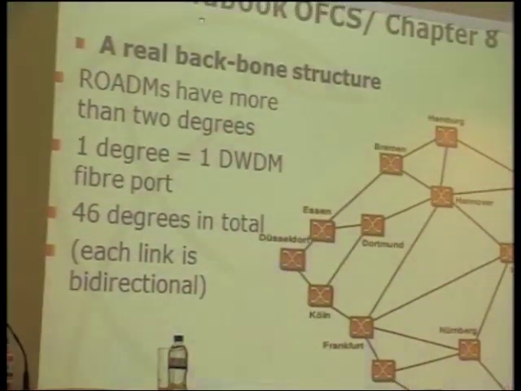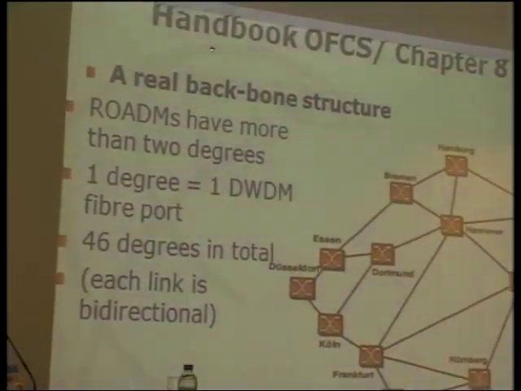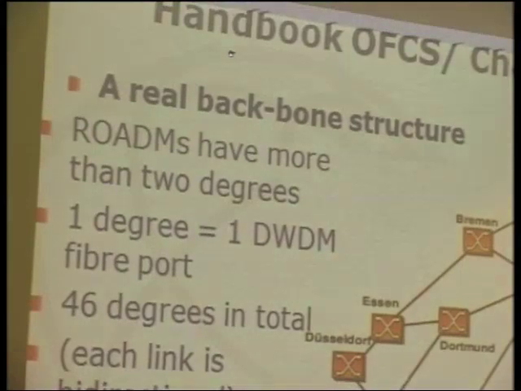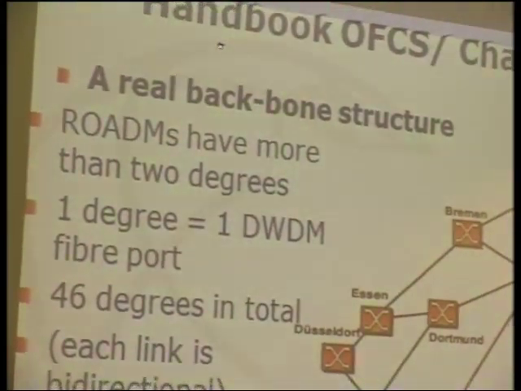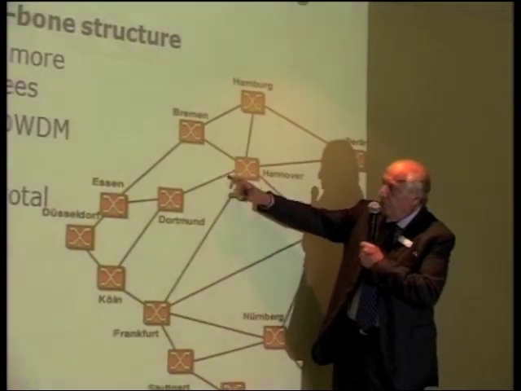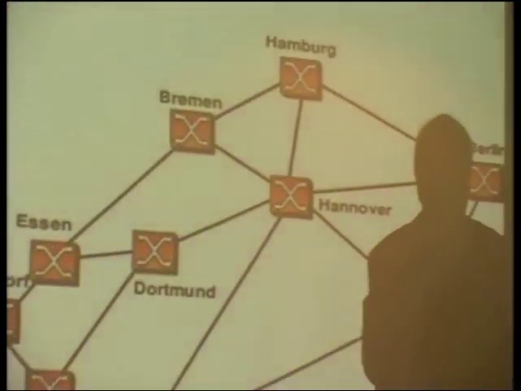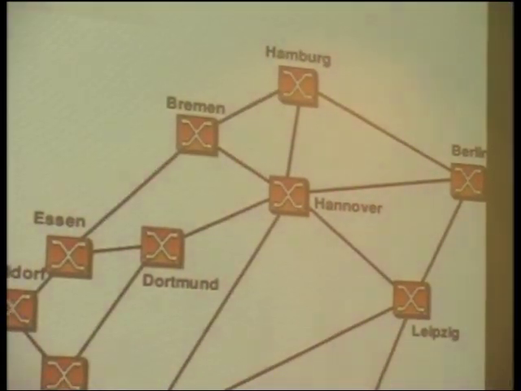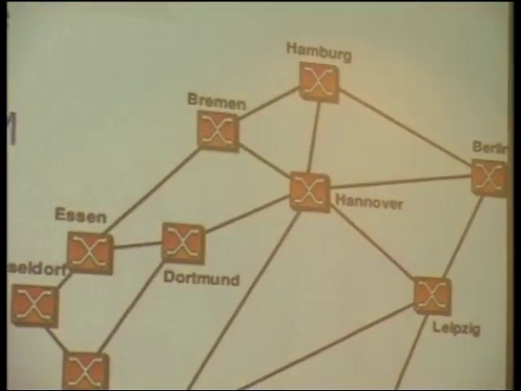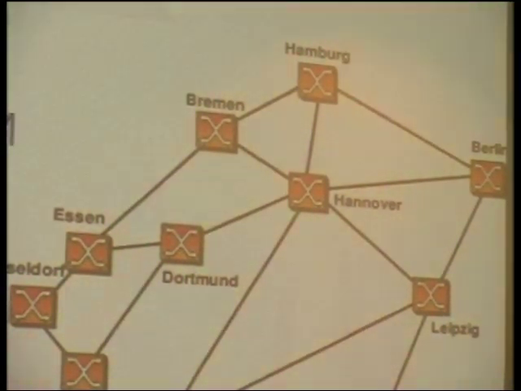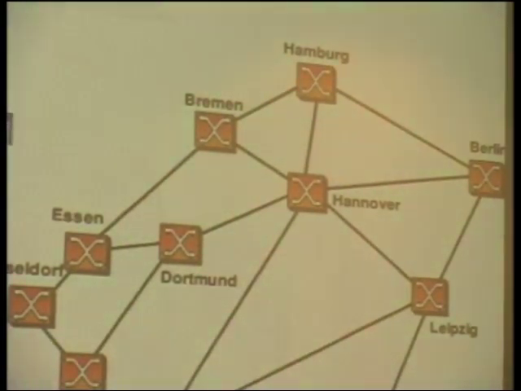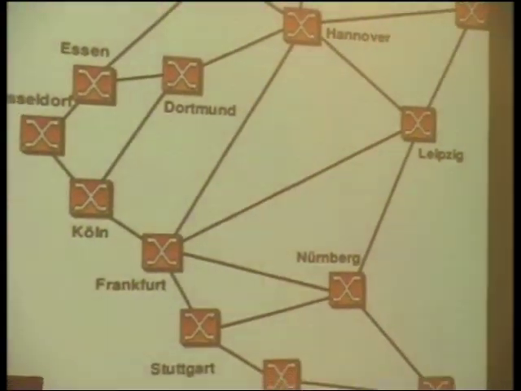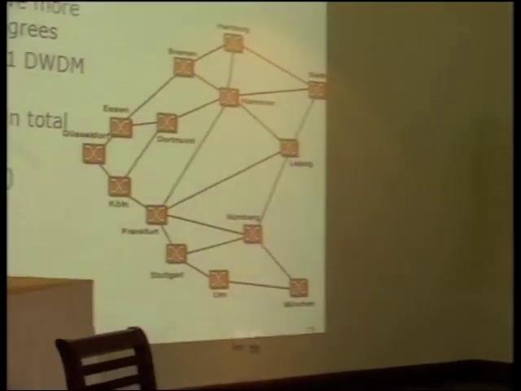And what is clear is that you can have optical add drop multiplexers with more degrees, which means, for example, in this one, you have 1, 2, 3, 4, 5, 6 bidirectional links. Instead of having only 4 degrees, with one fiber going in, one fiber going out, the same for the other direction, here we have 12 degrees.